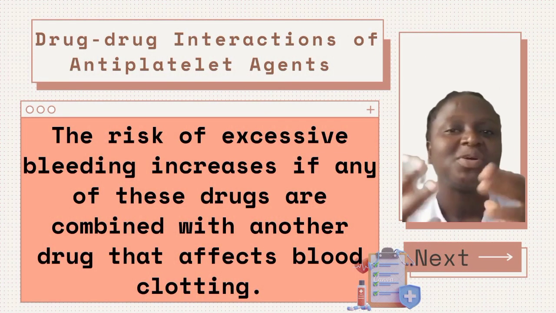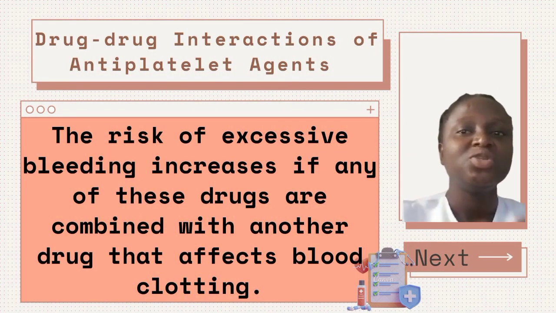In this slide we're going to talk about the drug-to-drug interactions of antiplatelet agents. The risk of excessive bleeding increases if any of these drugs are combined with other drugs that affect blood clotting. An example of drug interaction is aspirin.